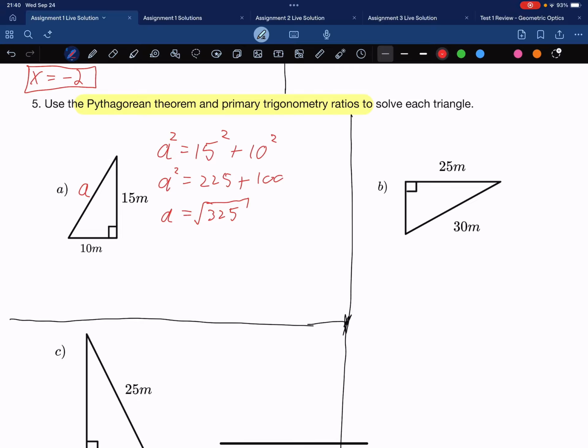So the square root of 325 is approximately 18. So the numbers I gave you here have 2 significant figures. So I will write my answer with 2 significant figures. So side length A is 18 meters.